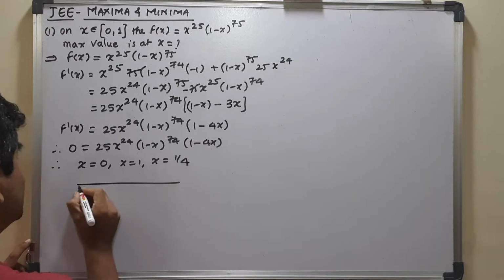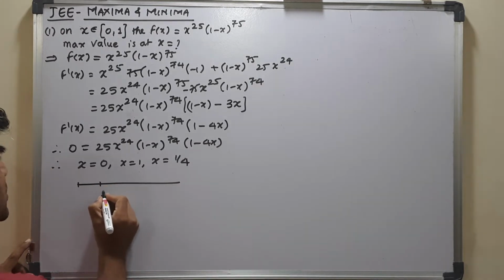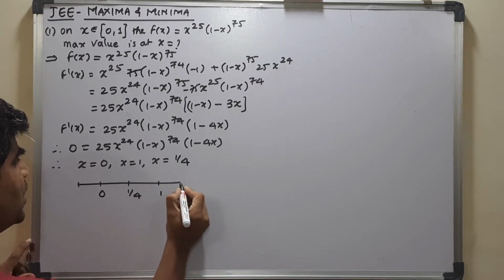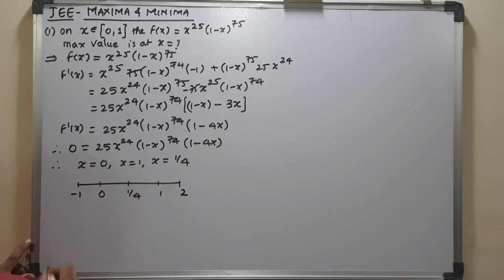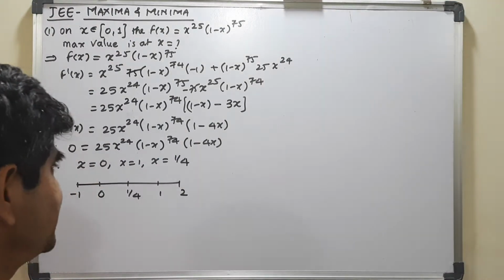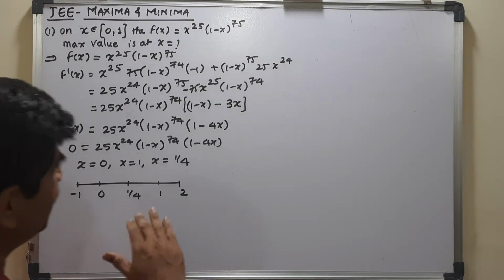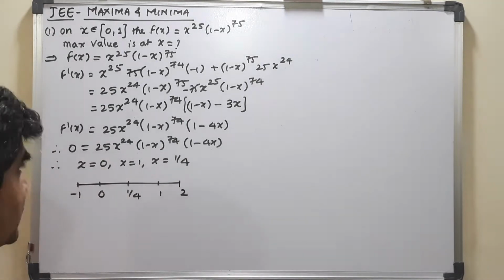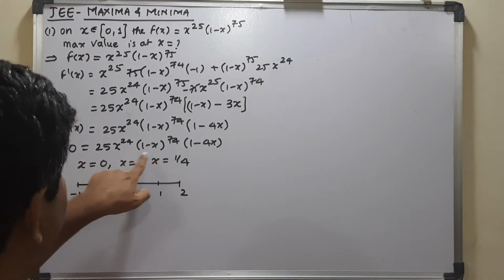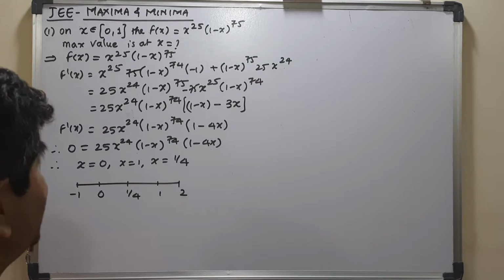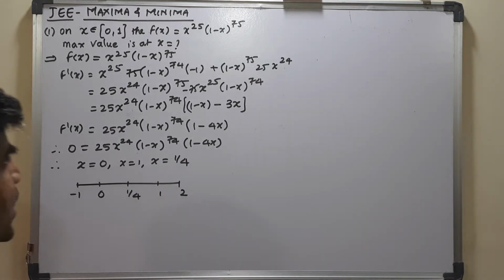So this is your 0, this is your 1 by 4, this is your 1, and say this is 2 and this is minus 1. I will only check around 1.